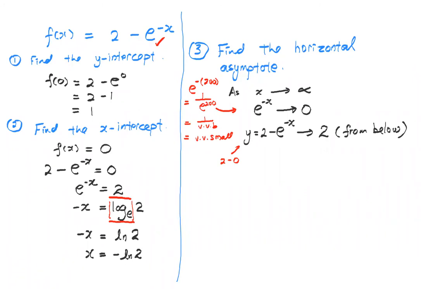So this needs a lot of thinking. Do you get me? Because it's 2 minus a positive value. When I see my f(x) as 2 minus e to the power of something, correct? I know that my f(x) is 2 minus a positive value. Right from the very beginning, I told you that e to the power of anything is always positive.